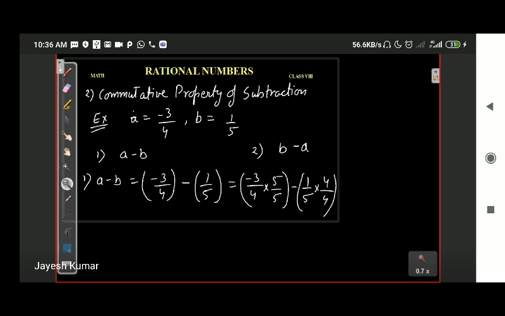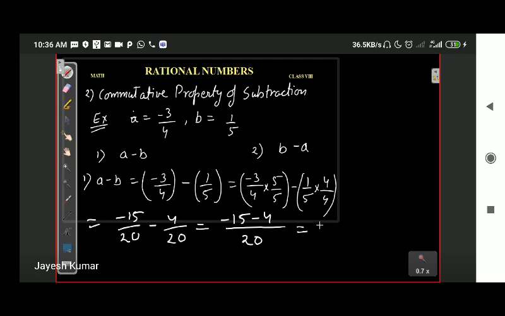So your simplified form will be minus 15 upon 20 and minus 4 upon 20. Once I get the simplified form, I will take the common denominator, which is 20, and we take the numerators as they were. This will be minus 19 upon 20. So that is A minus B.